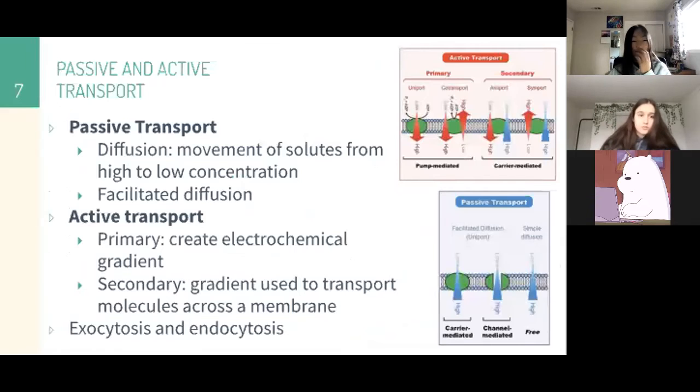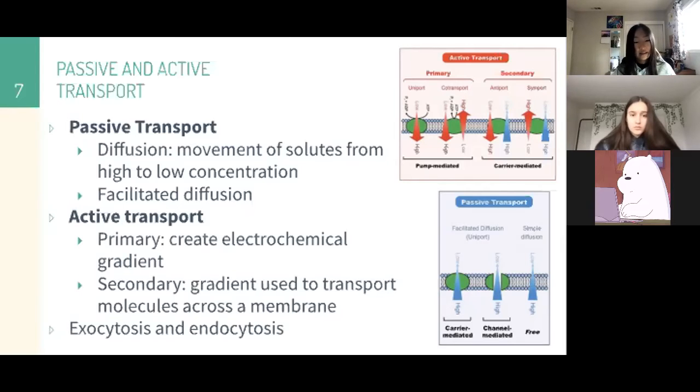Okay, so finally, I'm going to go over passive and active transport. Passive transport is basically diffusion, which is the movement of solutes from high to low concentration. So it's kind of down the concentration gradient.